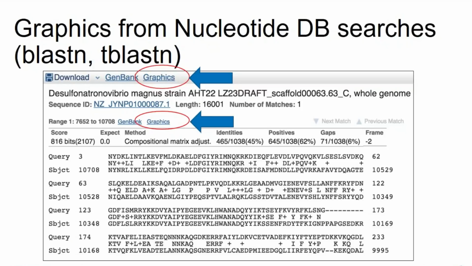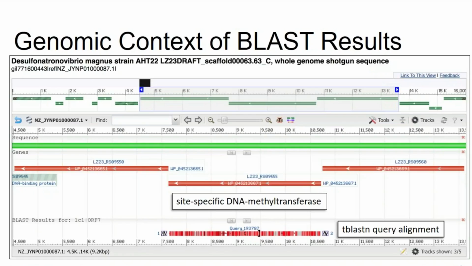When we have a tBLASTn search like this one, where I search with a protein and match the protein translation of a genomic sequence, I can click that graphics link and that will take me directly to a view of that genomic sequence in our graphical sequence viewer, like this one. And there is my protein match there. There's a number of mismatches, which you can see at the bottom of my screen here, these red marks, but that's still a very good protein BLAST match.